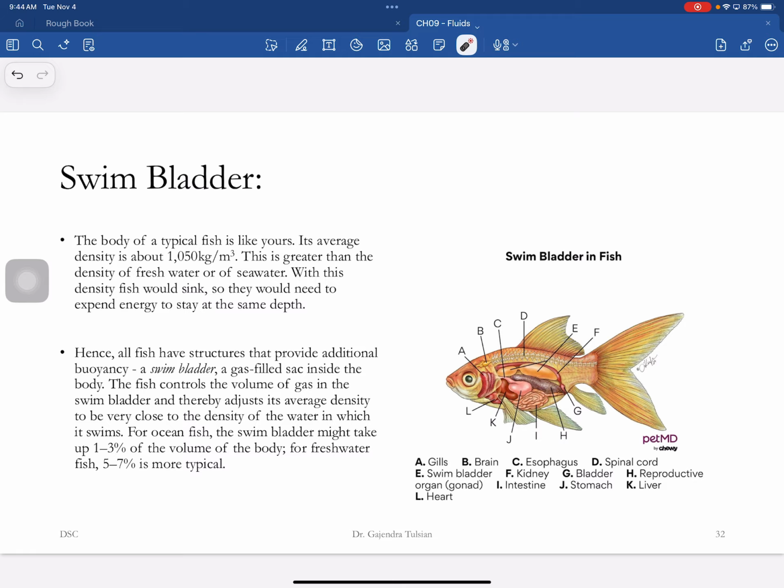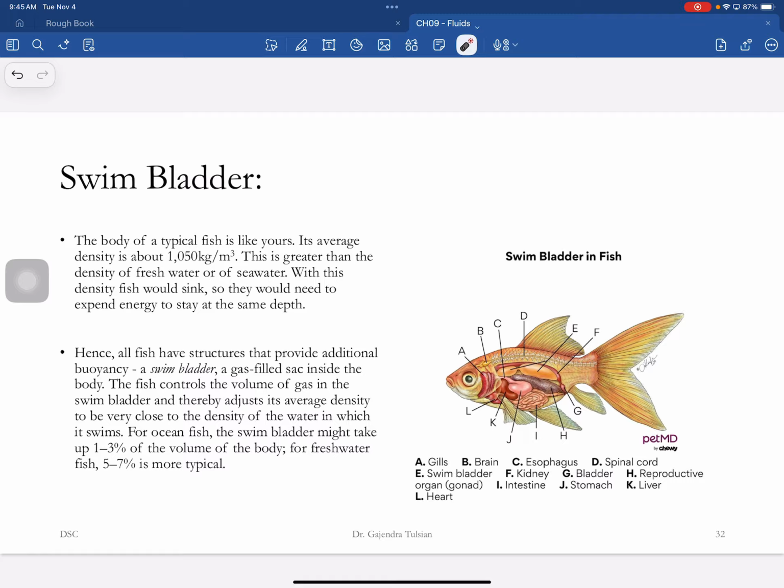It's like if you're sitting, you don't have to spend energy to just sit. You have to spend energy to move. So this is greater than the density of water, so the fish would sink. They would need to expend energy to stay at the same depth.